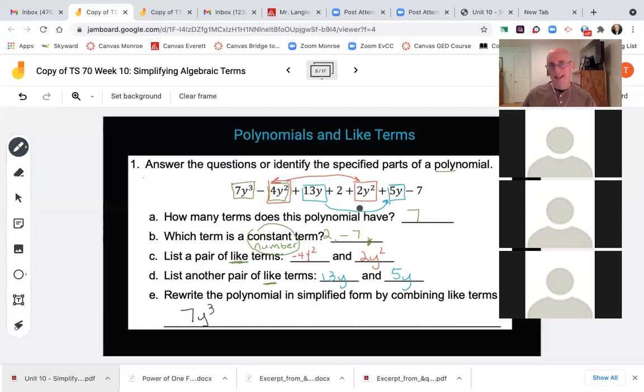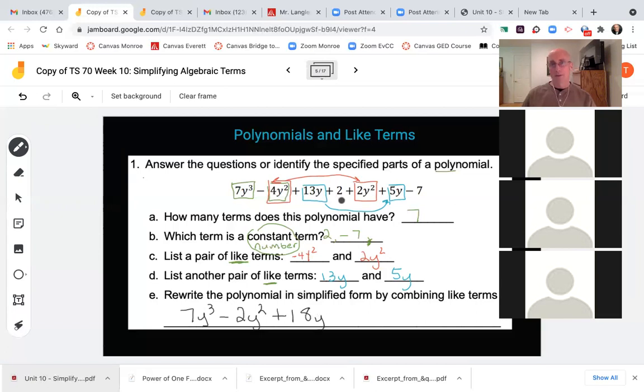So a -4 and a plus 2 means I'm going to have -2y squared. Then I've got plus 13y and a plus 5y. That's 5, 15, 18y. So plus 18y.